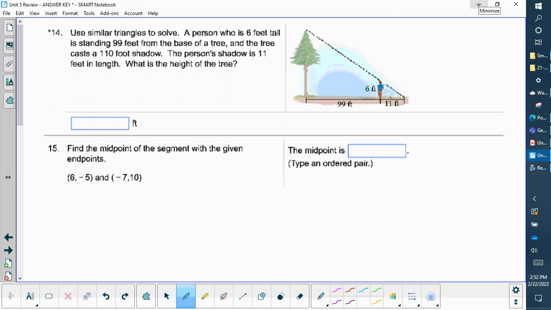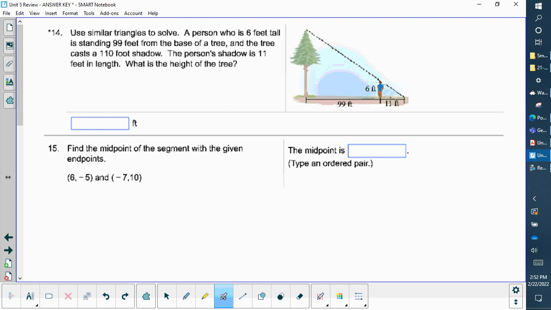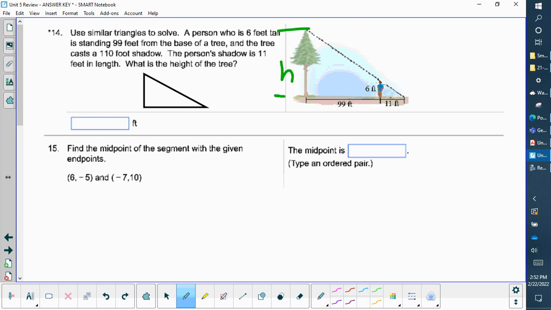Maybe this time I'll just make quick sketches. If I were to pull these off, I don't have a ton of room here. So I've got a big triangle and a little triangle. Here's my big triangle, and I am looking for the height of this tree from here to here. Then I'll sketch another one just like it that's similar.